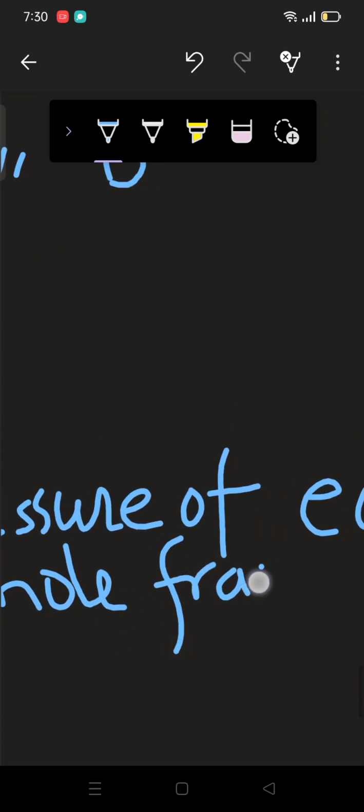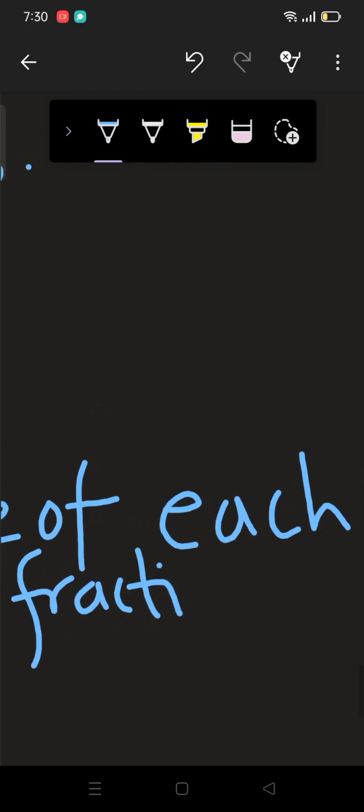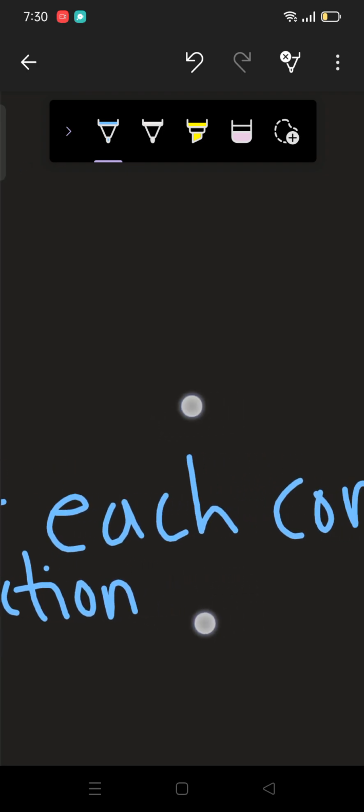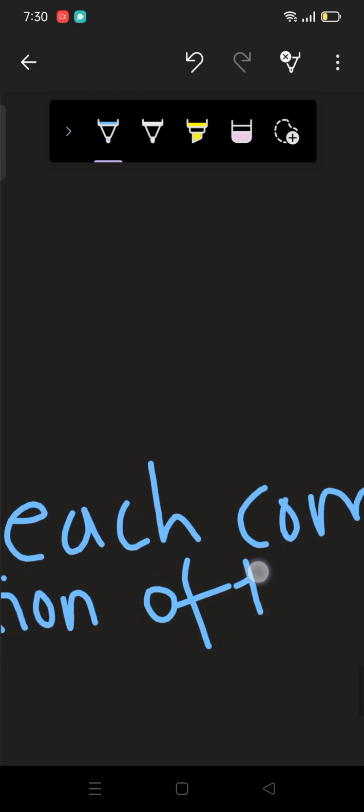But I'll give you an example of it here, so it is more clear. Fraction of that component.